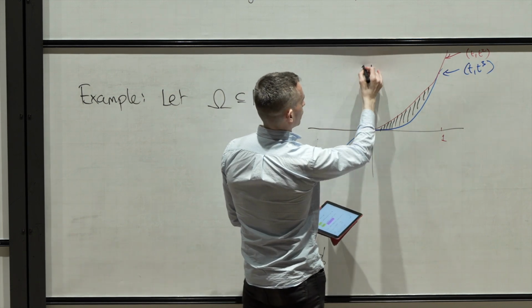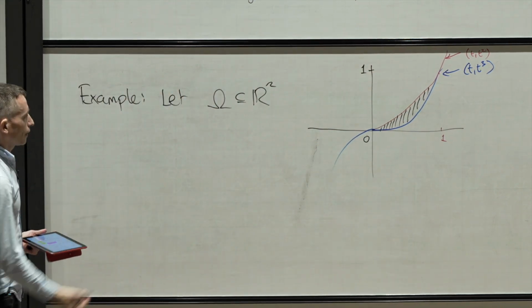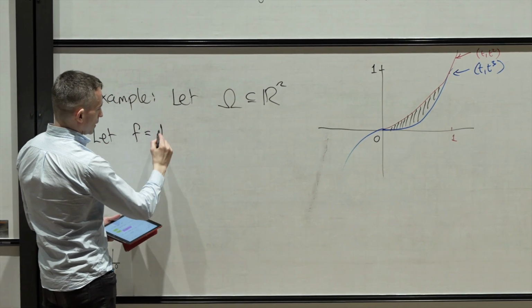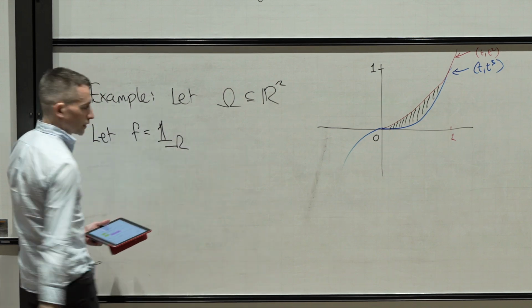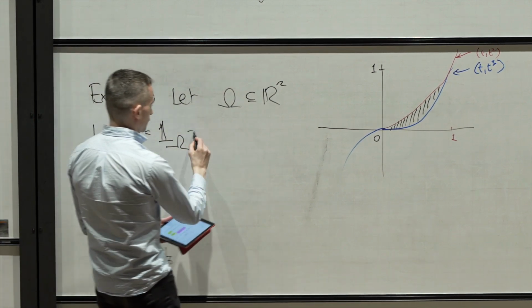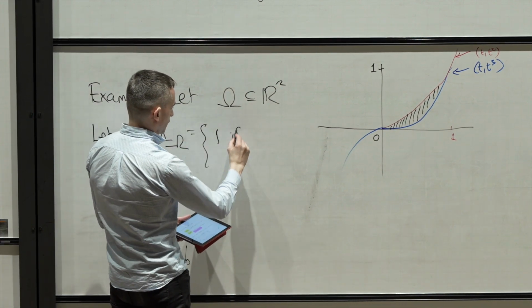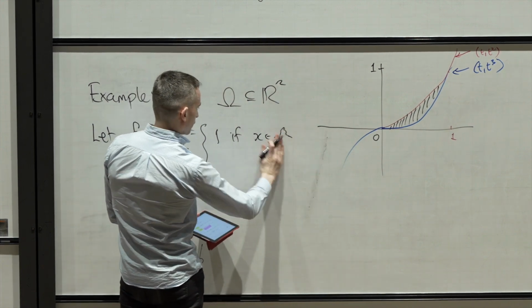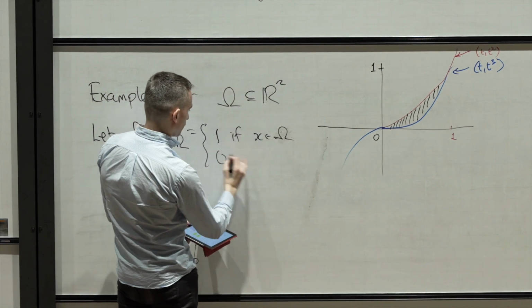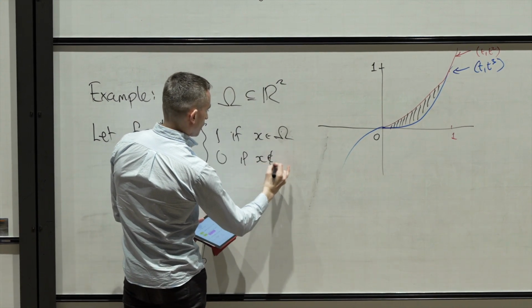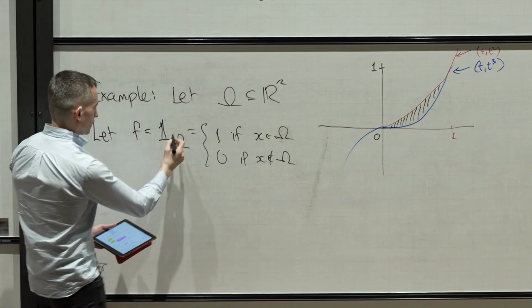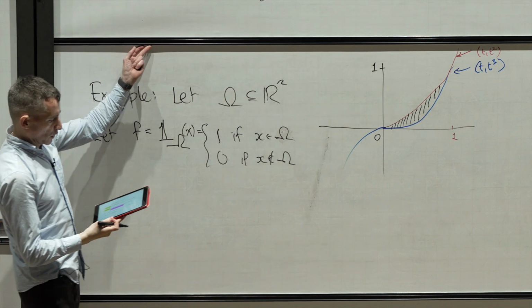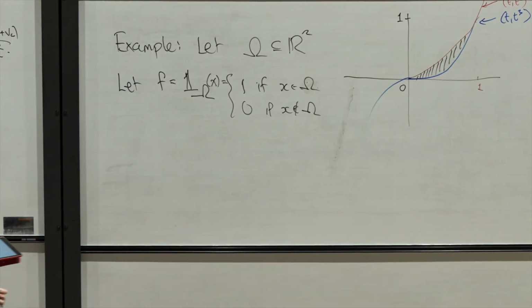Okay, so this is also 1 up here. And then the function I want to consider is just the indicator function of this set. So this is just equal to 1 if your point is in omega, and 0 if x is not in omega. Okay, so now let's see what happens.